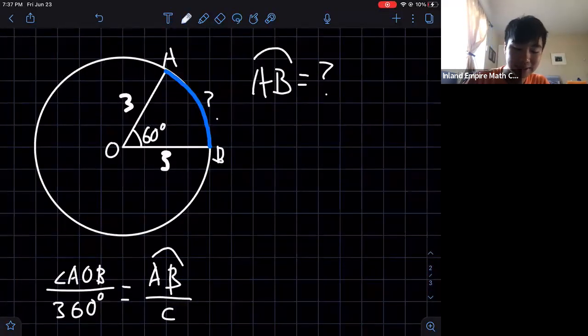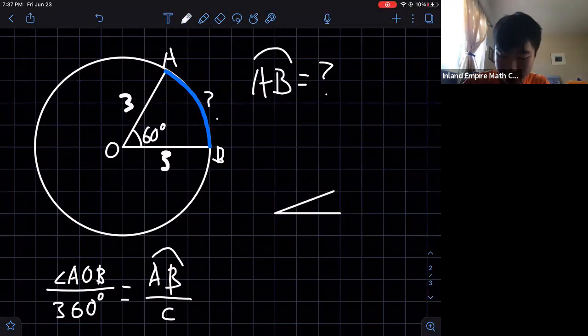If we start with, say, a length 3 right here, and we create an angle with the same radius or same length on either side, then we will create the beginnings of a circle.